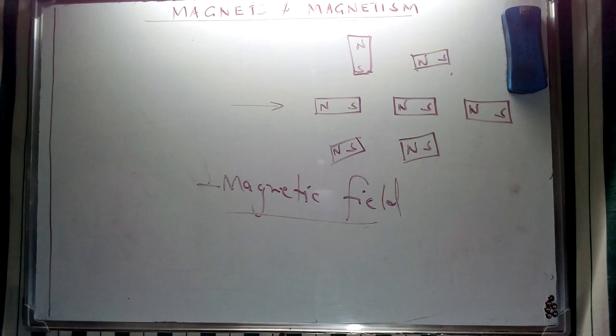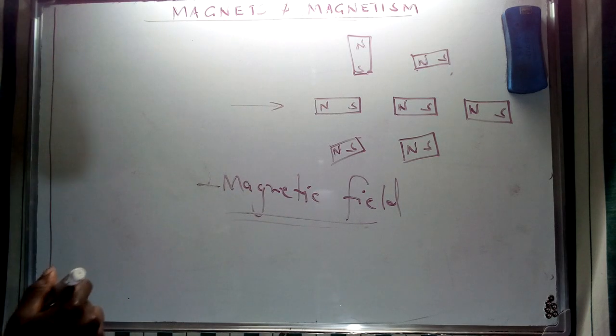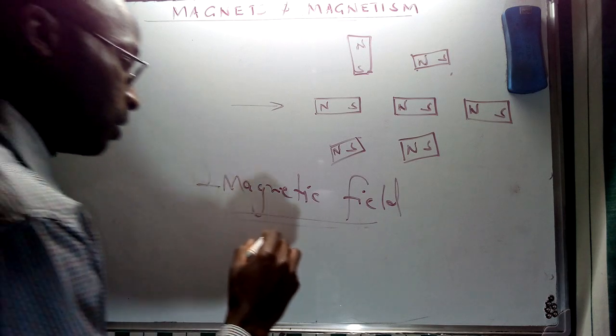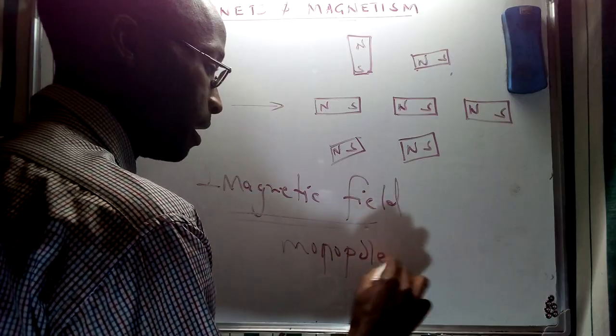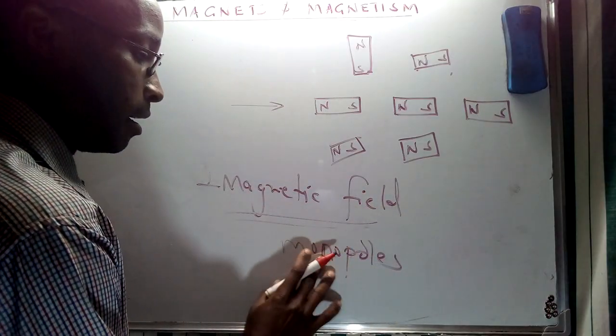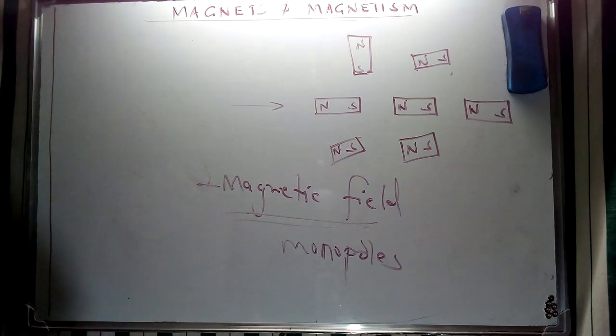And we're going to see how they are related to one another, how we can quantify them, and the various differences between them. For instance, the magnetic field is going to display different properties. We have said that it cannot exist as a monopole or monopoles, a condition which can be achieved by charged particles or electric charges.